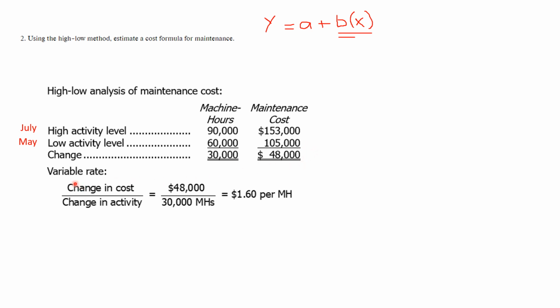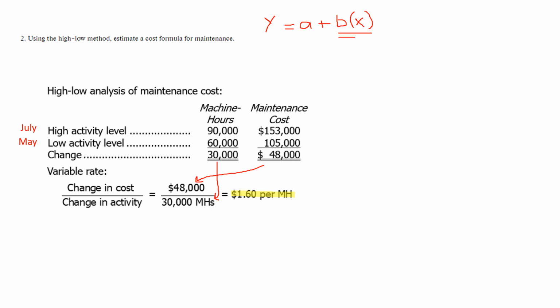So if we look at our variable rate or our variable cost per unit, our formula is our change in cost divided by our change in activity. So our maintenance cost is going to go here. So here's our change in cost, and then our change in machine hours. So $48,000 divided by 30,000 machine hours gives us a rate of $1.60 per machine hour.